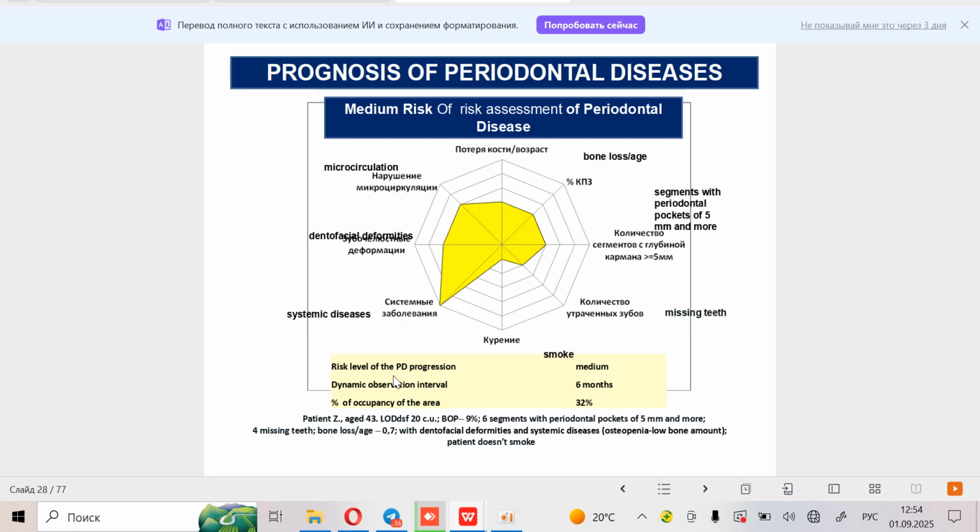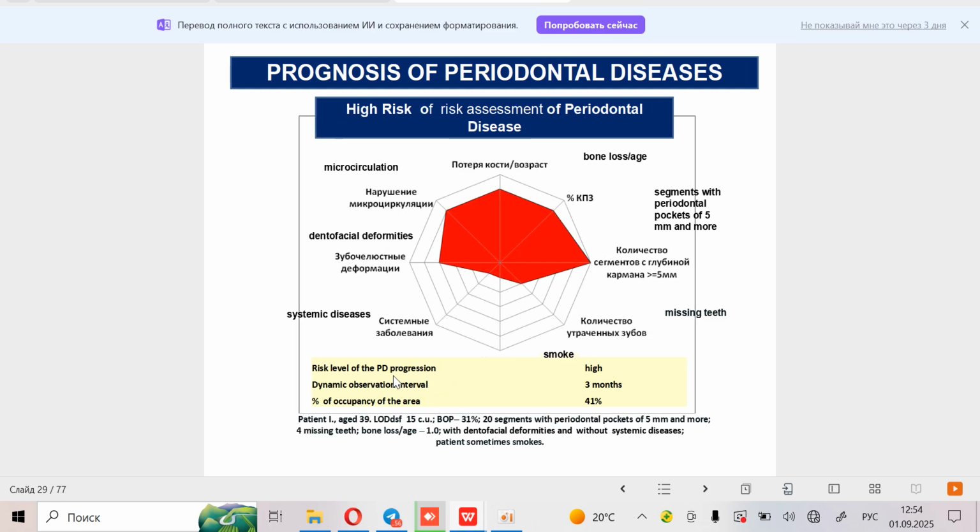This patient has dental facial deformation and malocclusion and systemic disease: osteopenia, low bone amount. The patient doesn't smoke. This is a medium risk assessment, yellow risk assessment.